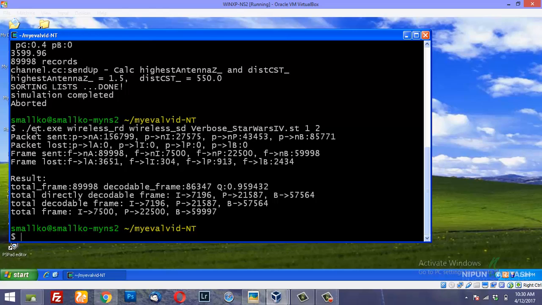So this executable provided by the evaluate framework is super powerful in calculating frame loss for I, P and B frames respectively, and then it shows the result in terms of fraction of decodable frames, and it tells you how many frames there were, how many frames are decodable, and what the total number of frames is.